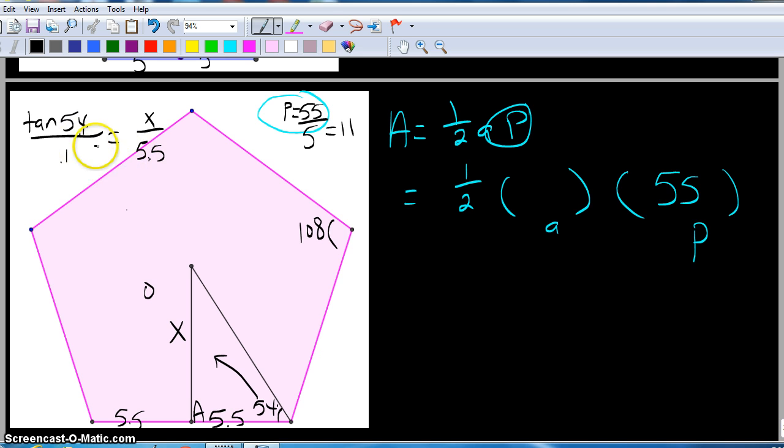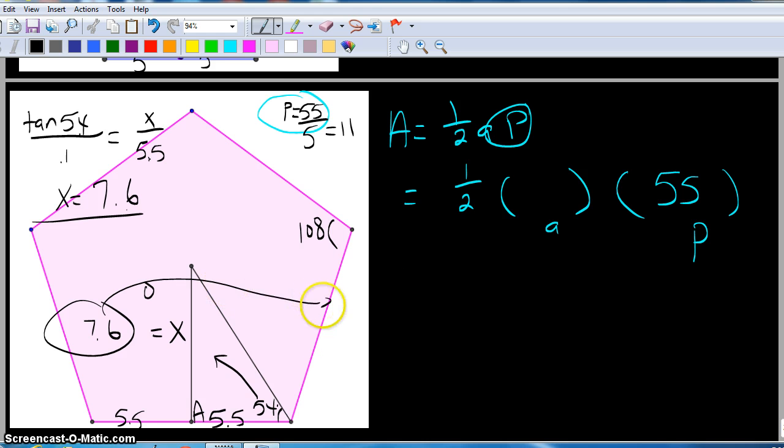And then we're going to multiply just like we did before. 5.5 times tan 54. That gave me x is 7.57, so 7.6. So that's 7.6. And now that I can plug into the apothem. So 1/2 times 7.6 times 55. And that gives us 209 units squared.